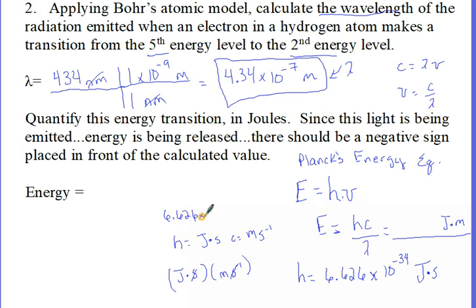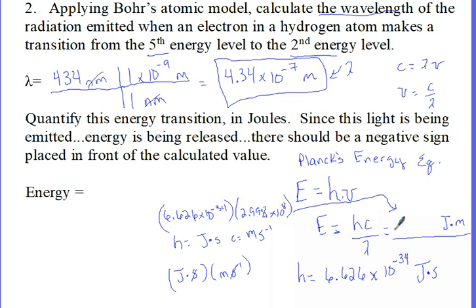6.626 times 10 to the minus 34, and you multiply that by 2.998 times 10 to the 8th, and that is going to be always right here. And you're going to get 4 sig figs, because each one of those is given to 4.